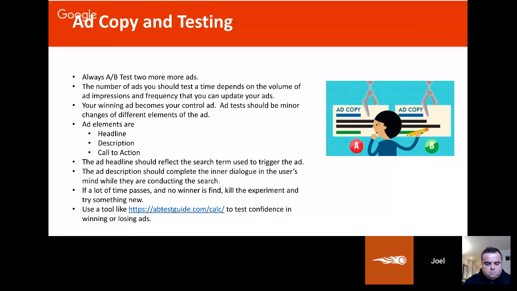I've been asked before, how many ads should you test at a time? Well, that depends on 2 factors. The primary factor is search volume. If you're getting thousands of impressions per day for those ads, then maybe you could test more than two, because you're going to get results fairly quickly.